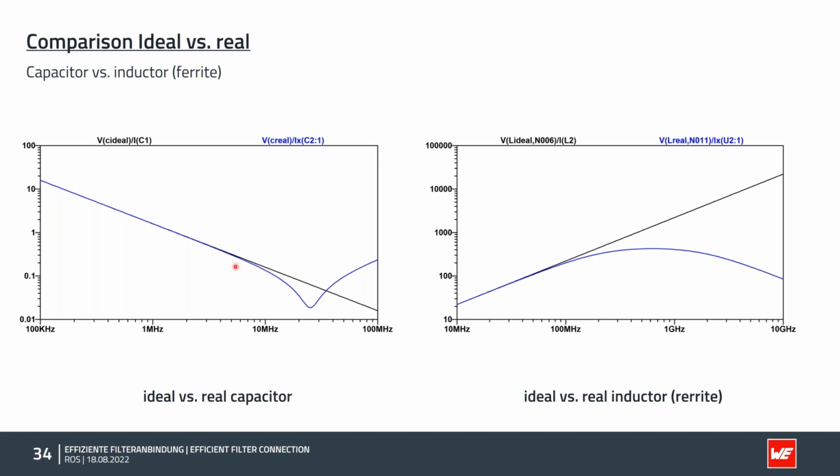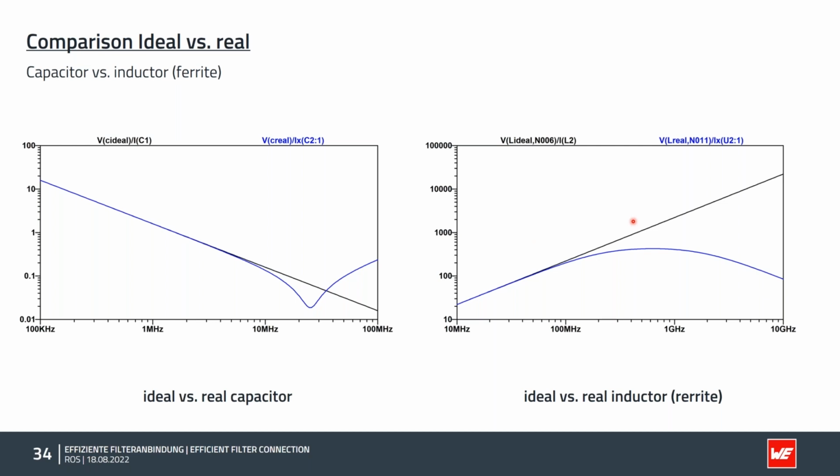For this you must use the parasitics and get the blue curve, and then you get a typical resonance point, and the capacitance value, which you can see here, is switching to an inductance value.